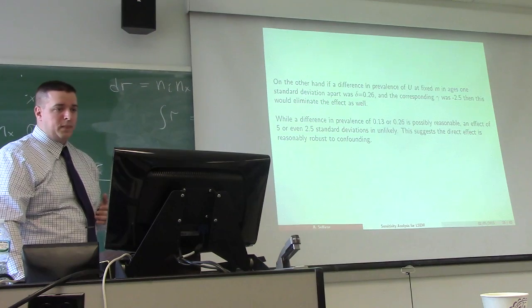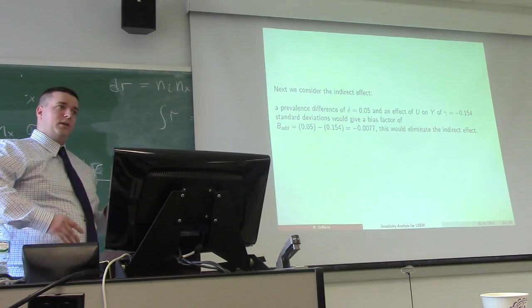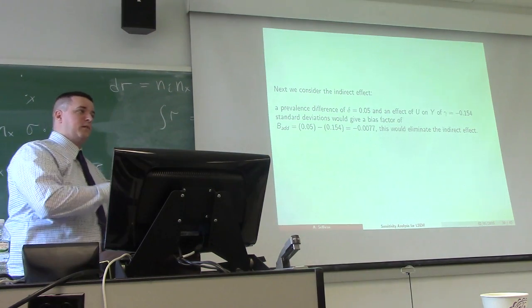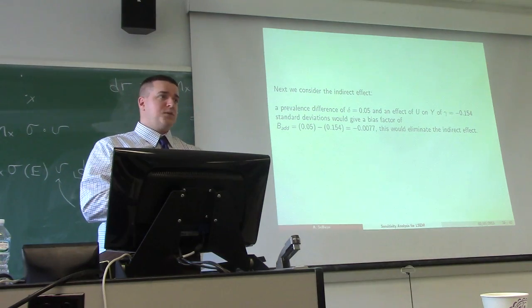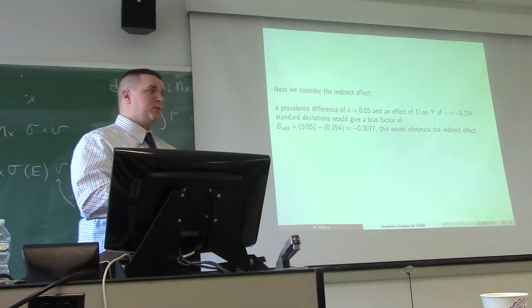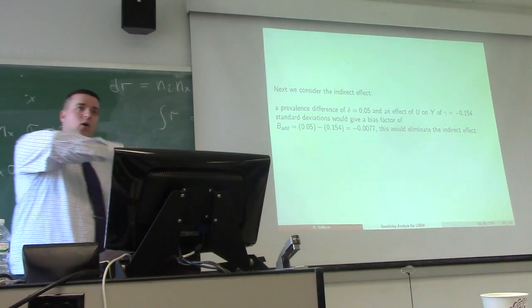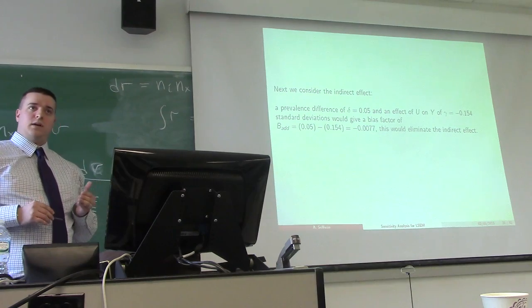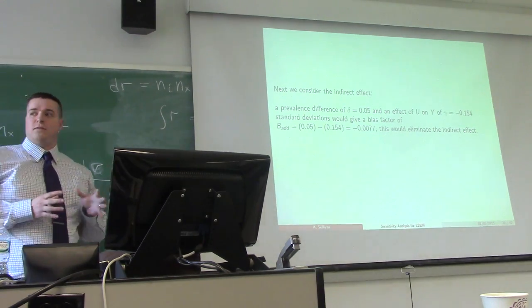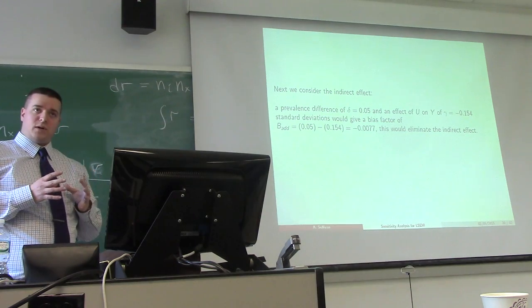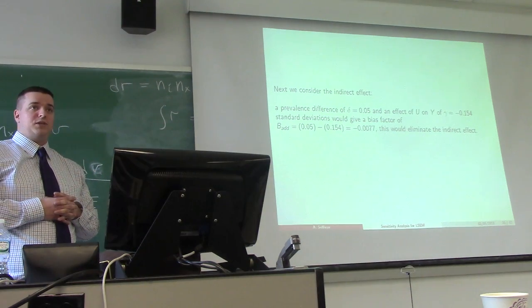So what you can show with this is that possibly this direct effect, this direct relationship of age on memory, is pretty solid. It would take something that was incomprehensibly far away from our mean to change it. However, the indirect effect is possibly something that could be changed.